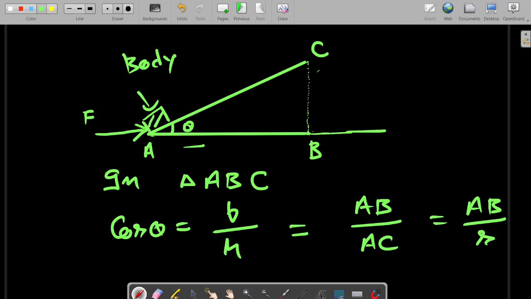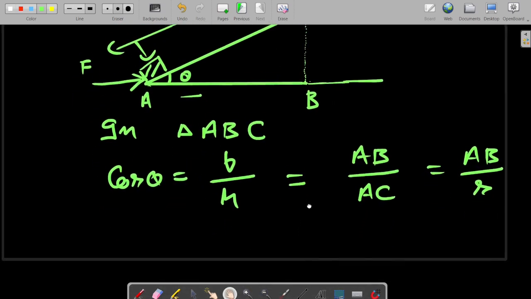So if we have applied force here on the body, and the body starts moving and reaches point C, this whole length AC is displacement. I am naming it as small s. So here AC is s.